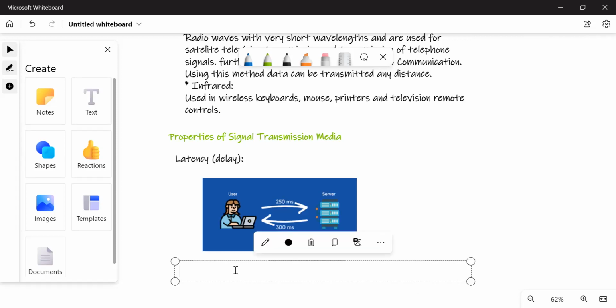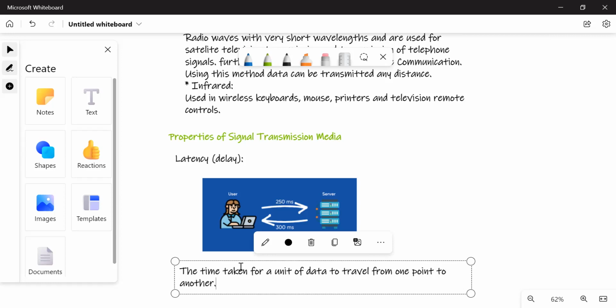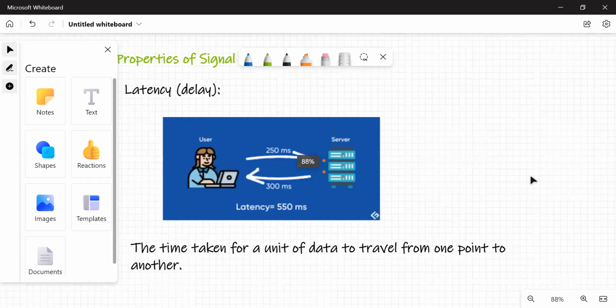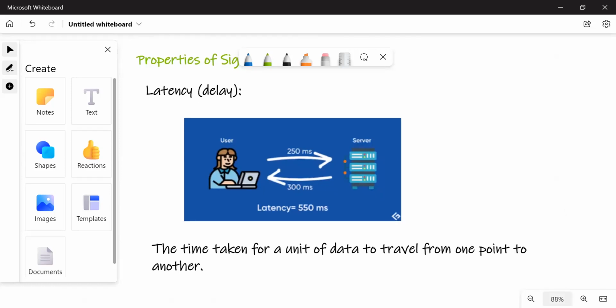So we can say the latency is the time taken for a unit of data to travel from one point to another. So this is called latency.